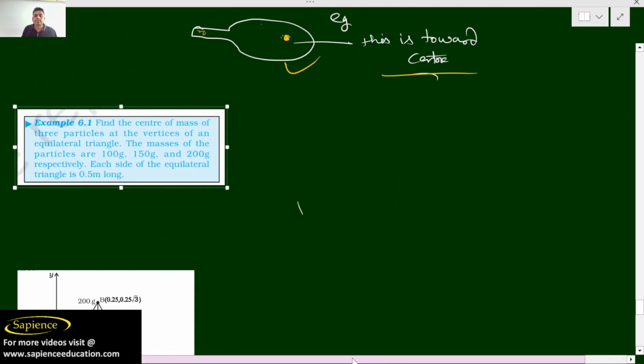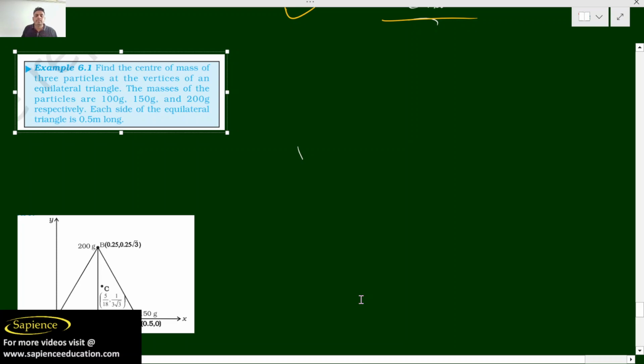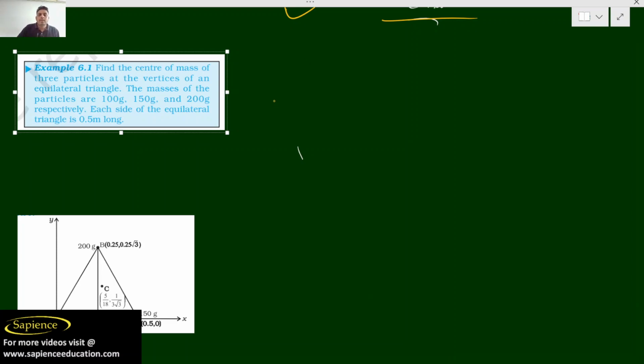Now there is a question. Find the center of mass of three particles at the vertices of an equilateral triangle, and the masses of the particles are, see here, they have given m1 is equal to 100 gram, m2 is equal to 150 gram, and m3 is equal to 200 gram.